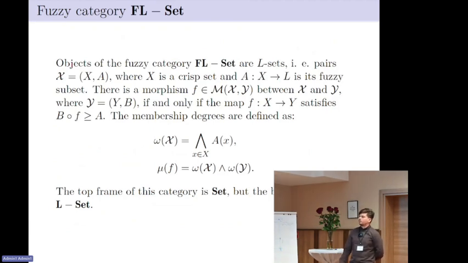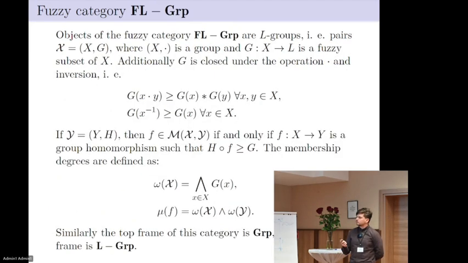So whenever we're interested in only the object degree, we can assign the membership degree of morphisms to be expressed in a way that is synced with the membership degrees of the starting and finishing objects of the morphisms. Also, one thing you should know is that the top frame category is the crisp category of sets, but the bottom frame is the crisp category of L sets.